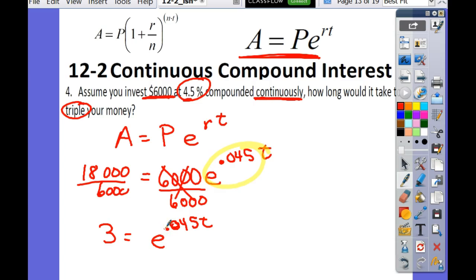T is what I'm solving for. T is an exponent, and that means in order to solve for it, I have to take the log of both sides. Since this problem has an E in it, I'm going to take the natural log, ln, not the base 10 log.